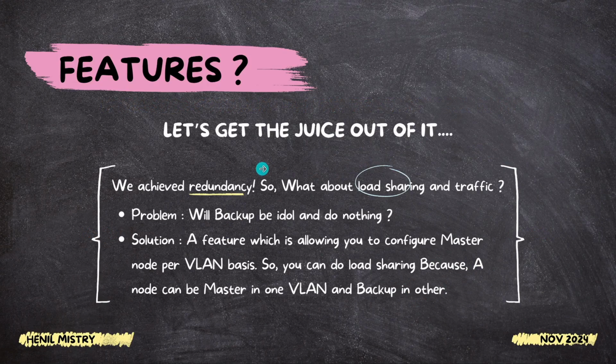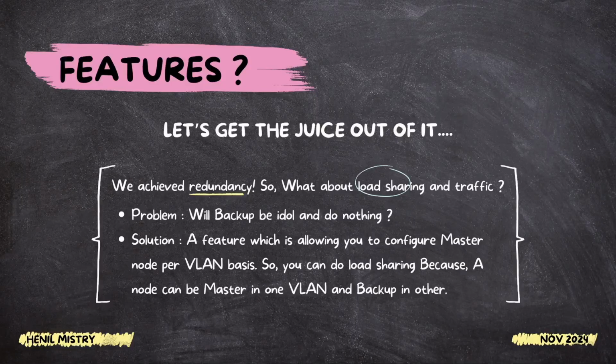And now there is one feature that you need to know. So we have achieved the redundancy, as we all wanted in the first place, that we want to introduce redundancy at the gateway level. So that we have achieved. So what about the load sharing and traffic? The problem is, all the time the backup will be idle and it will not do anything.